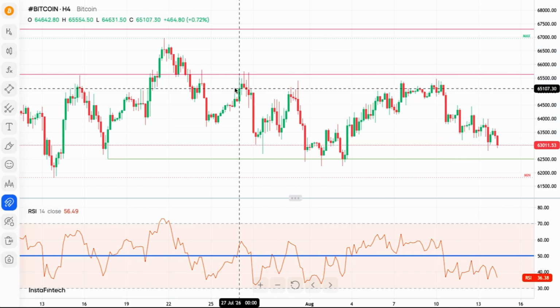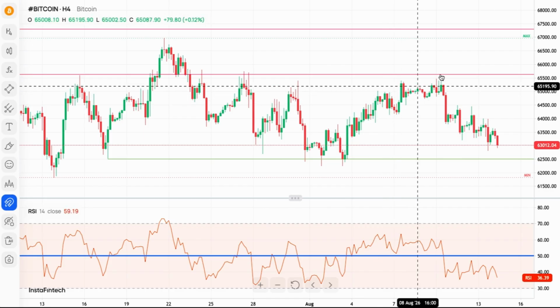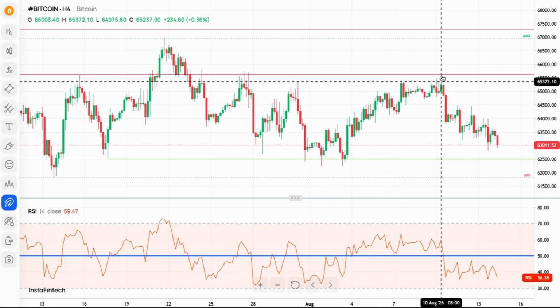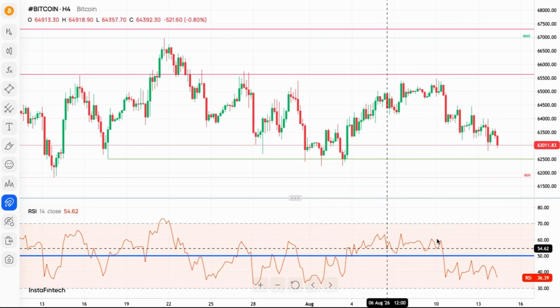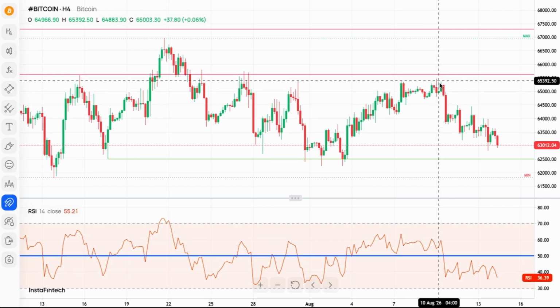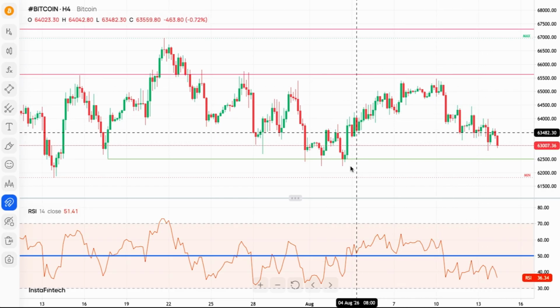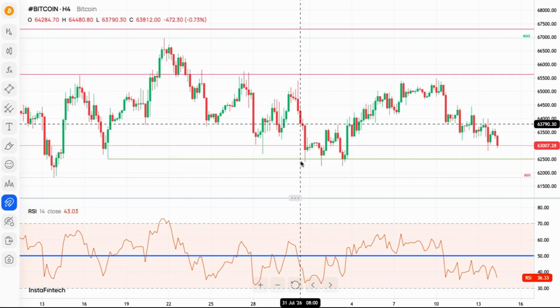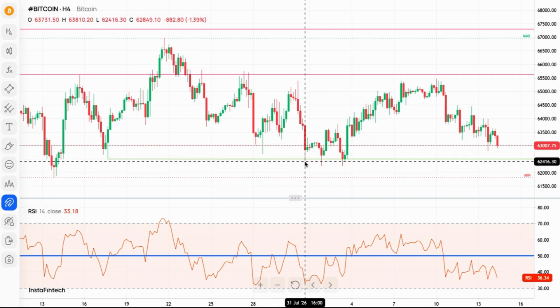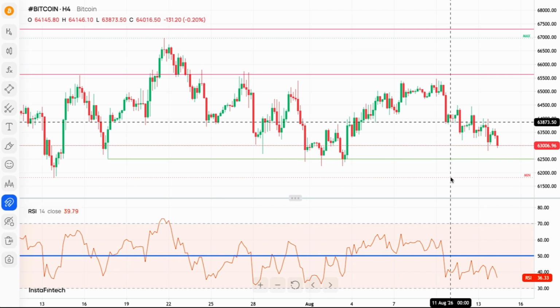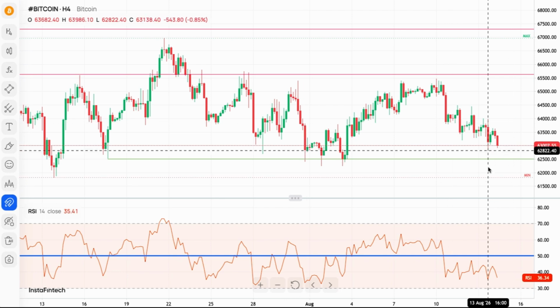It doesn't actually look like this was a genuine breakout, so it was a kind of a fake one, a low volatility, low momentum breakout, and those kinds of market moves very often are treated as fake. So right now we are getting closer and closer towards this technical support, roughly around 62,450. So please keep an eye on this level, as the bears might want to test this area.